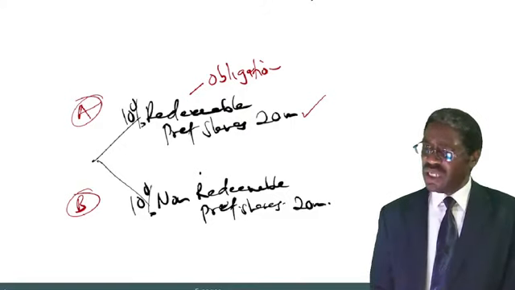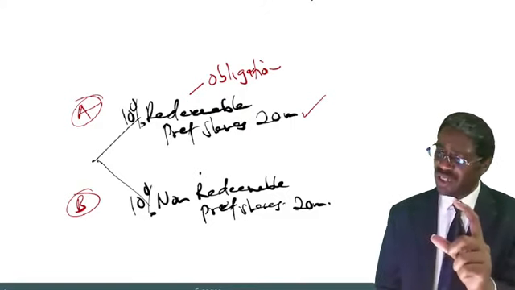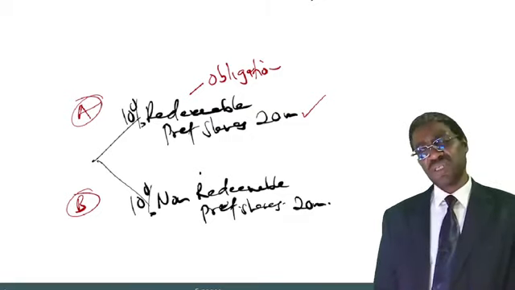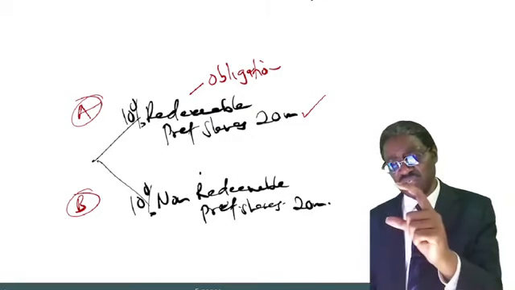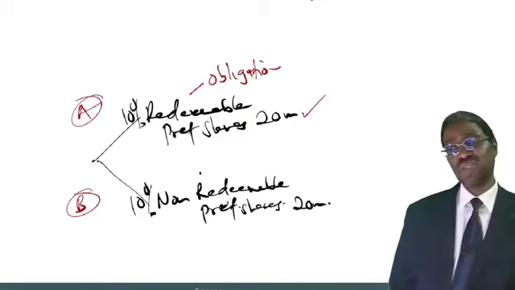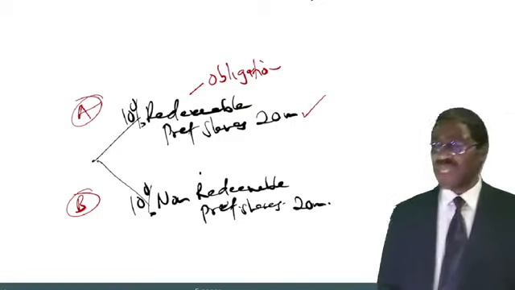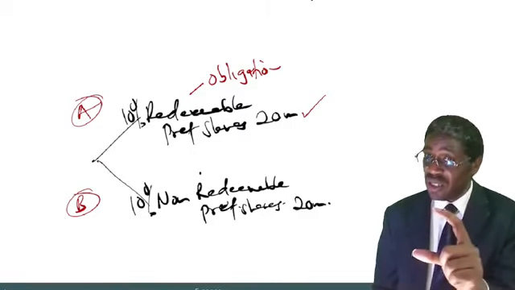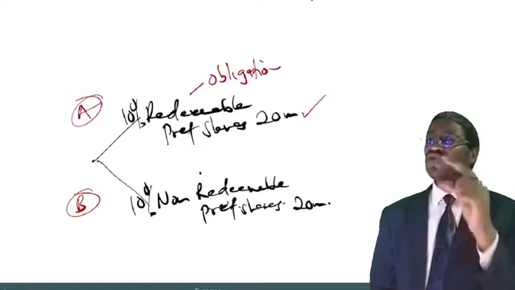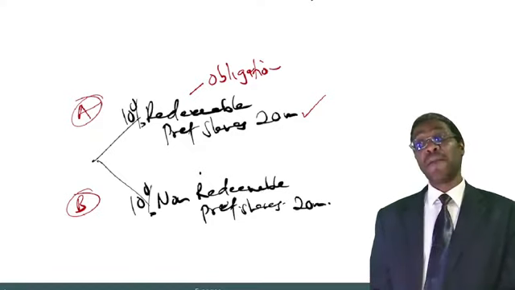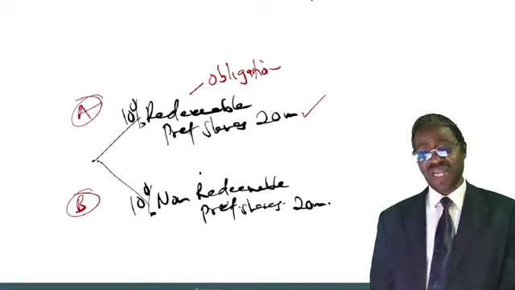Company B, which issued non-redeemable preference shares 10 years ago, does not have an obligation to pay back the 20 million. So company A has an obligation to pay back that 20 million, but company B has none.